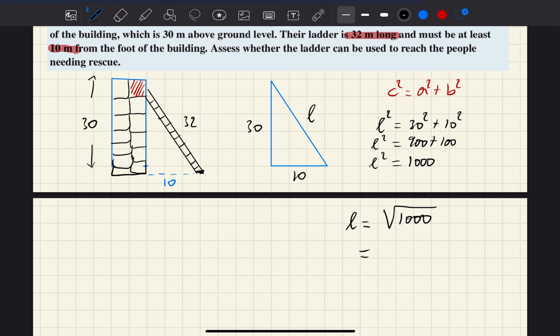Square root of 1,000. According to my calculator, it's approximately 31.62.